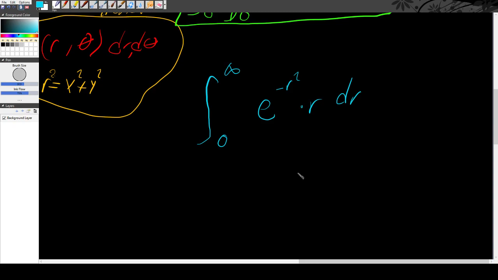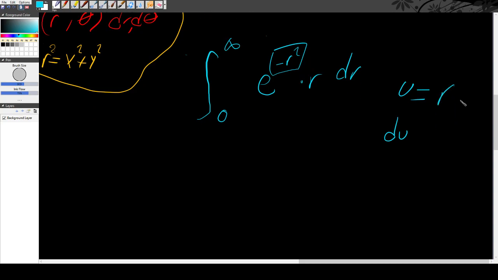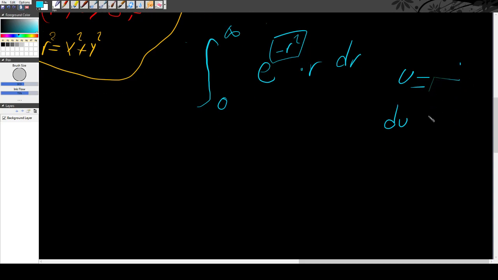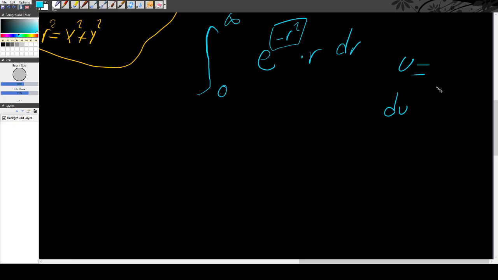So this is kind of the long haul, and this is where you can start implementing stuff like u substitution. Knowing that there's an r squared up here, which I changed from x squared plus y squared into polar coordinates, and since it's the highest degree, I know that this basically has to be my u. I'm not going to keep it negative, because I know how to integrate e to the negative u.